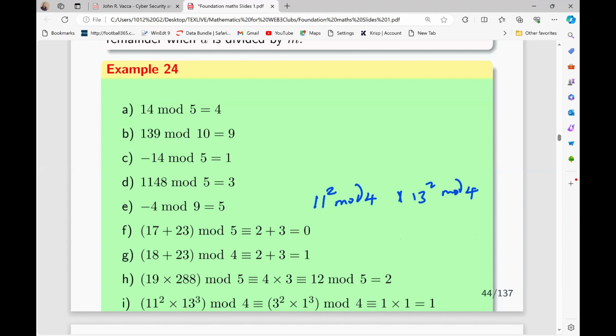And remember, we can be given a very big number, which when you square, you would get a number that your calculator will not handle. So we just do the 11 first of all. Ignore the square for a moment and take this 11 divided by 4.